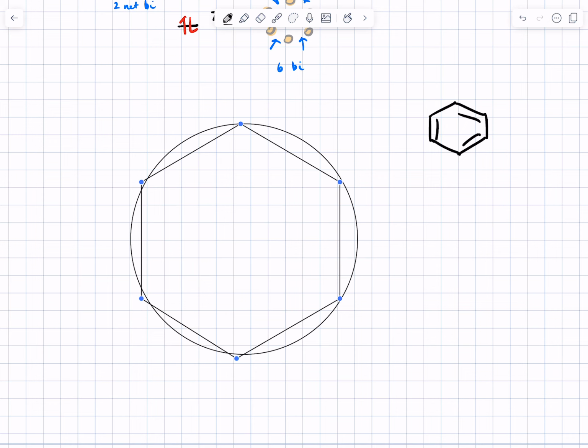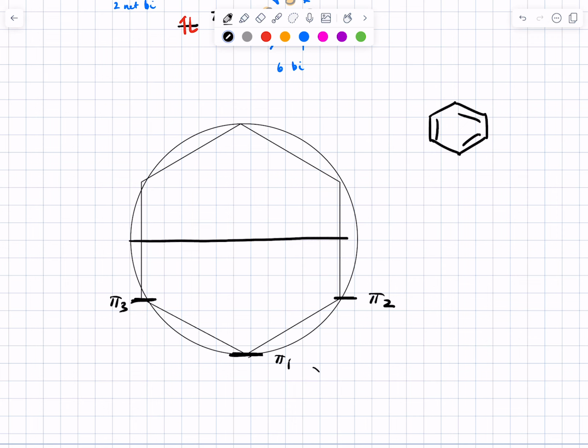In other words, I've got a lowest energy orbital here, that's pi 1. I have 2 pairs of higher energy orbitals here, pi 2 and pi 3. The midpoint of the circle, or the line that divides the circle in two, is the so-called non-bonding line, or the energy level that distinguishes bonding from anti-bonding orbitals.